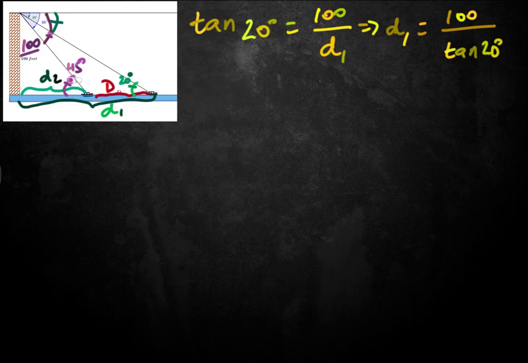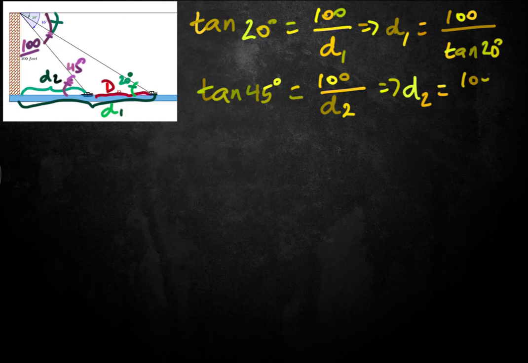The same way, for 45 degrees, tan 45 degrees is equal to 100 over D2. We can deduce that D2 is already 100, because of the 45 degrees there.